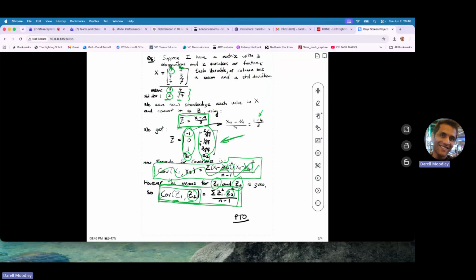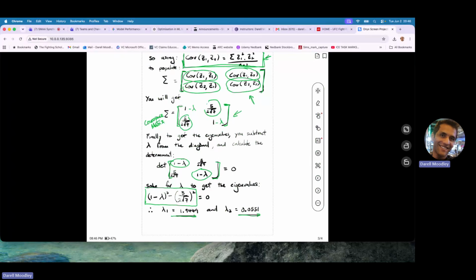Remember, this matrix is symmetric, so the off-diagonals will equal each other. If you only calculate one, you don't need to calculate the other. In other words, the covariance of Z2 and Z1 will be the same as the covariance of Z1 and Z2.